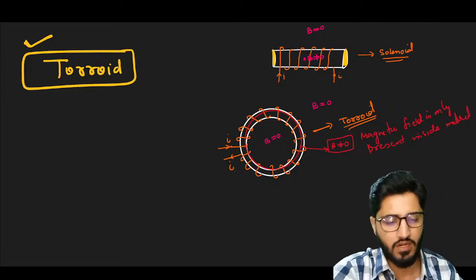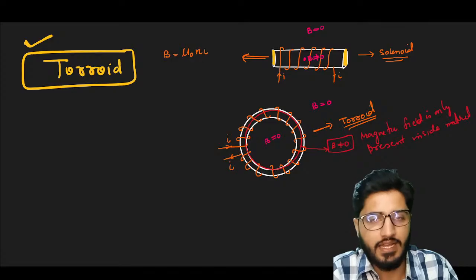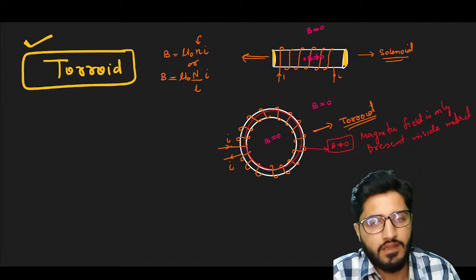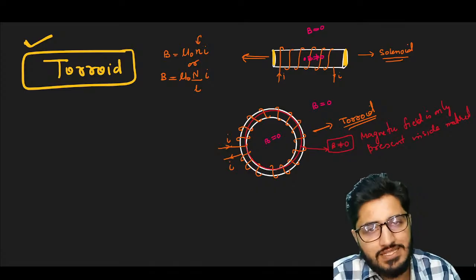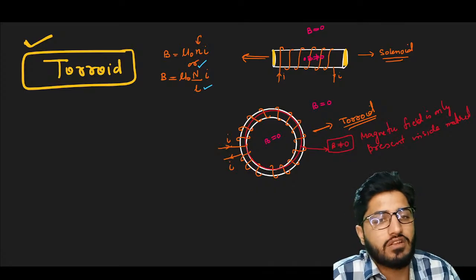Now, what is the magnetic field equation? It is mu naught n i, or in place of small n I can write capital N by L, times I. What is this N? Number of turns. L is the length of my solenoid.